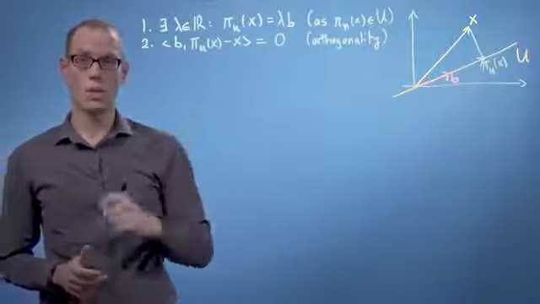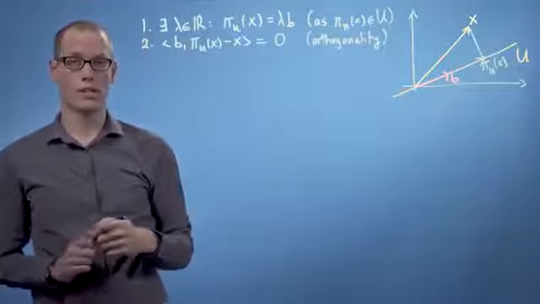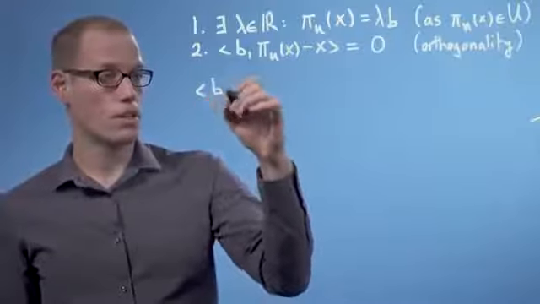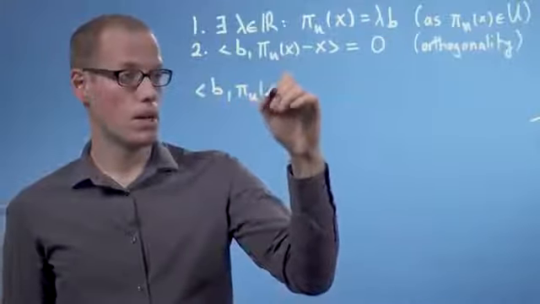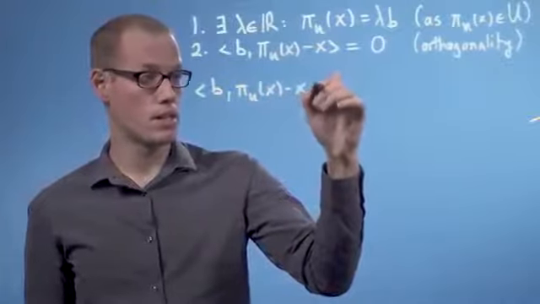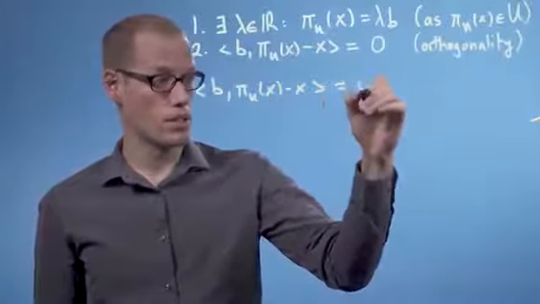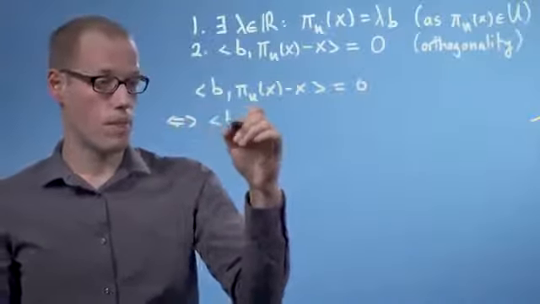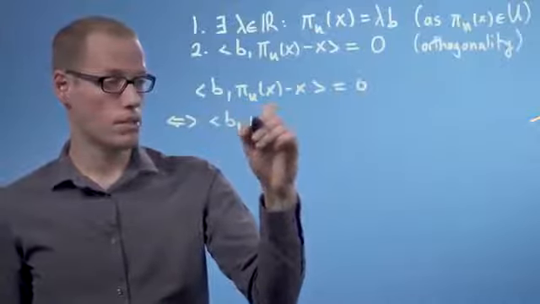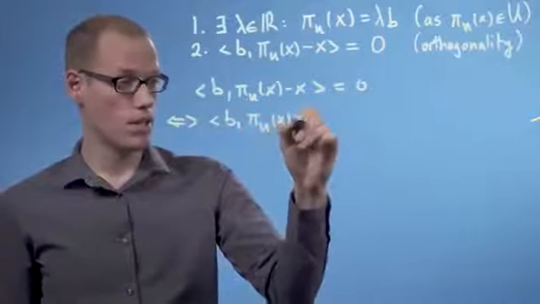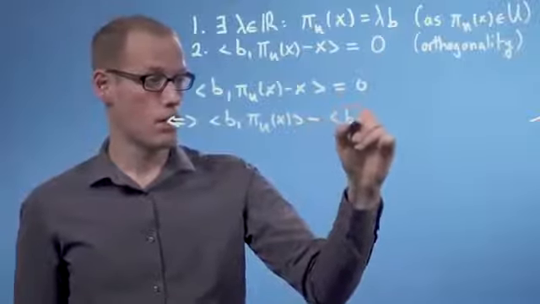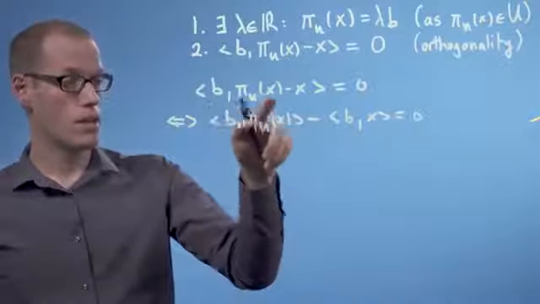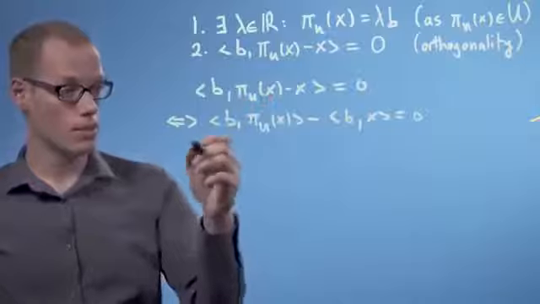And now let's exploit these two properties to find pi u of x. So first, we use the condition that the inner product of b and pi u of x minus x is 0, which is equivalent to the inner product of b and pi u of x minus the inner product of b and x being 0, where we exploited the linearity of the inner product.